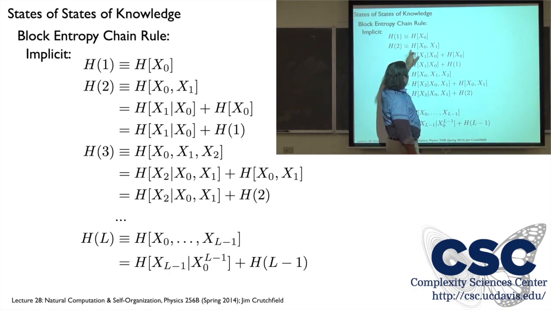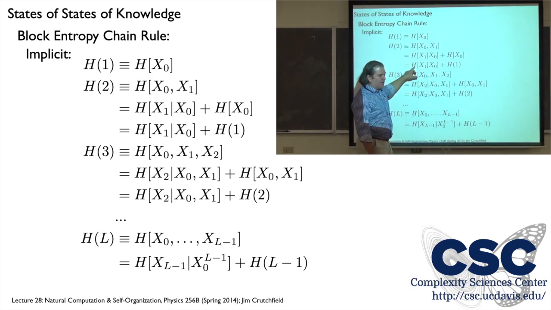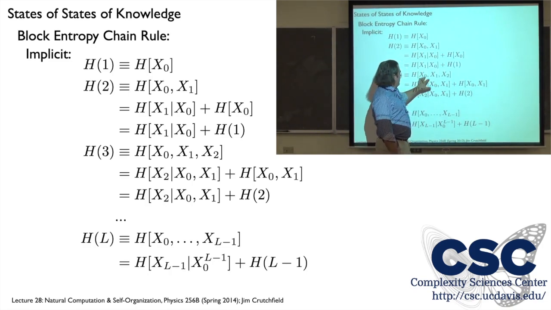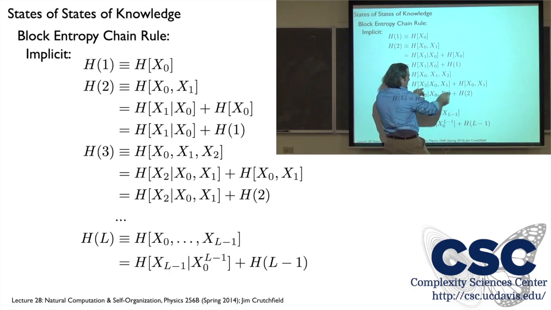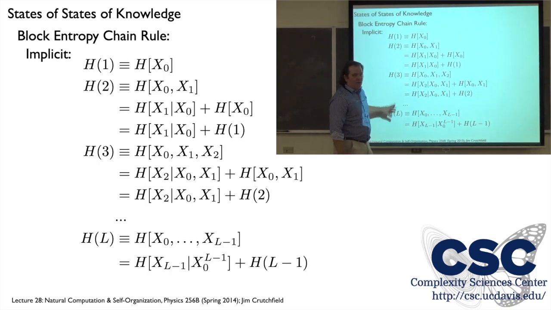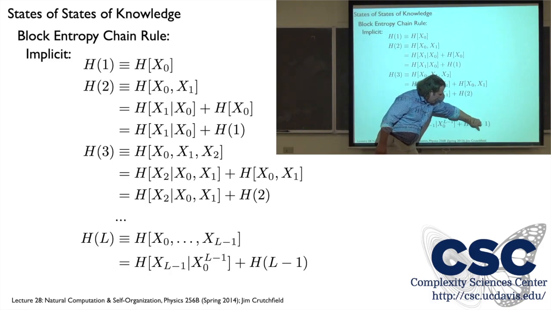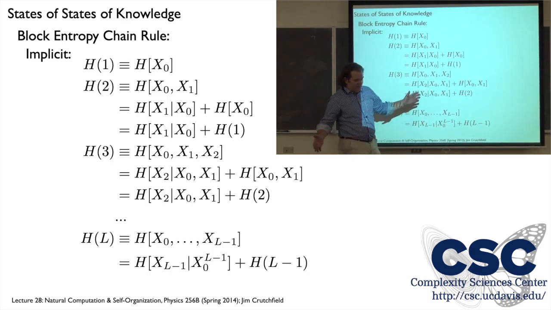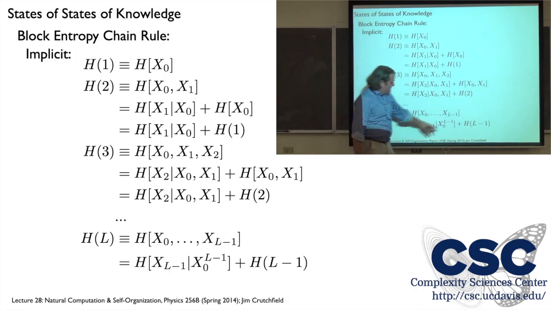So we can get to H(2) by remembering H(1) and just calculating this one-step conditional uncertainty. Ditto for H(3). We have this joint entropy over 3 variables. I can break that into the uncertainty in the third symbol given the previous 2, plus the block entropy over 2 symbols, but we have that number already if we remembered it. So there's this telescoping way of calculating block entropies that results in us just remembering the previous block entropy. Whatever algorithm we use is going to start from length 1 and go on up, calculating these things.